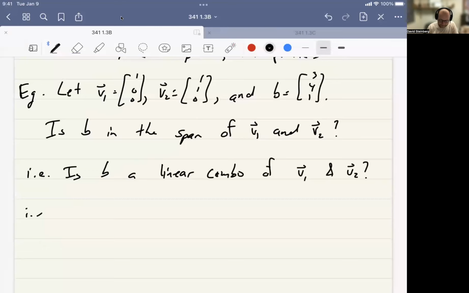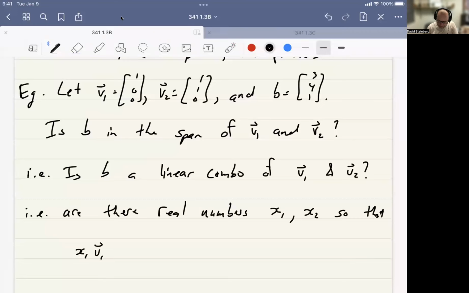In other words, are there real numbers x1, x2 so that x1 v1 plus x2 v2 is equal to b?